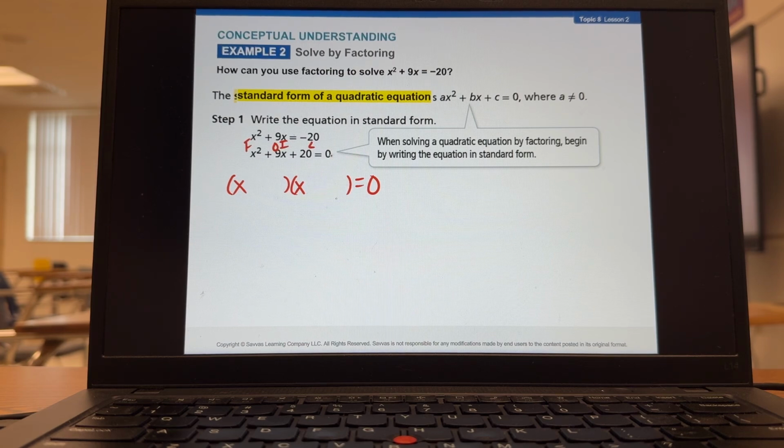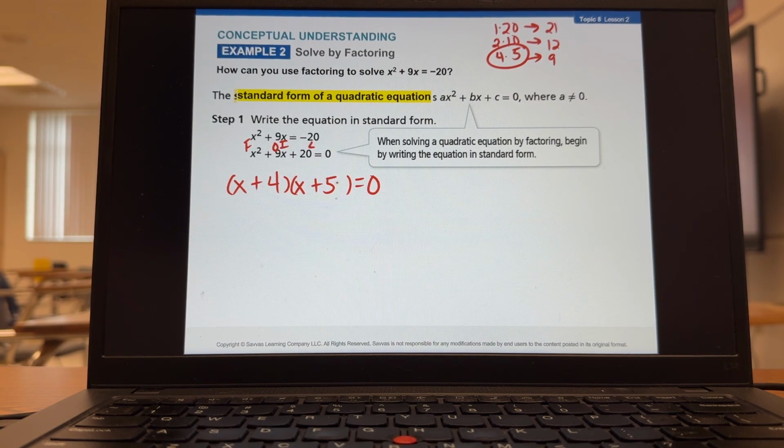So what two numbers when you multiply can give you 20? You can make a list of all the different ways to get 20, but when you add them together, they have to give you 9. Oops, that would be a 12. So it would be 4 and 5. The order does not matter, and they are both positive.